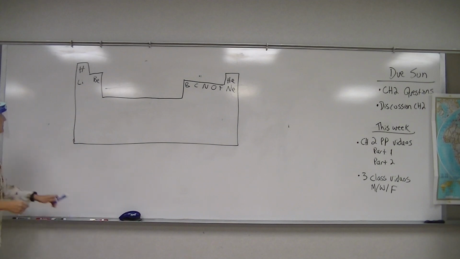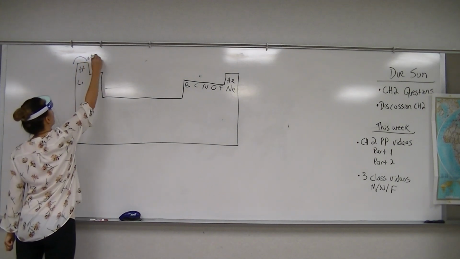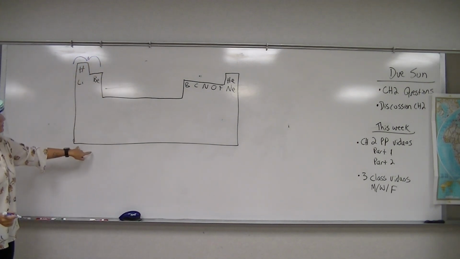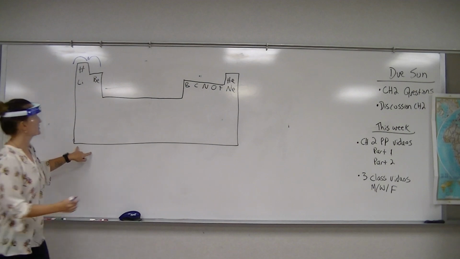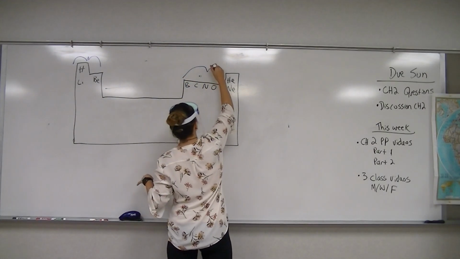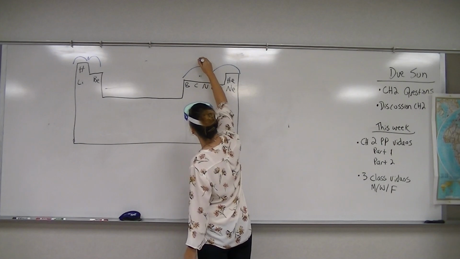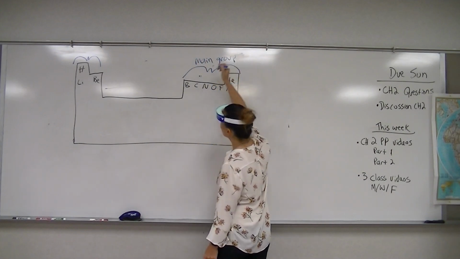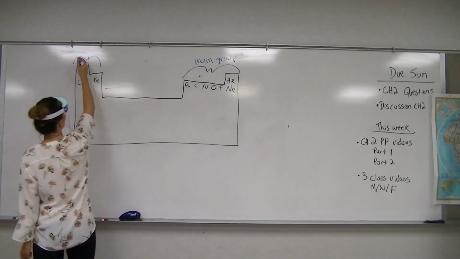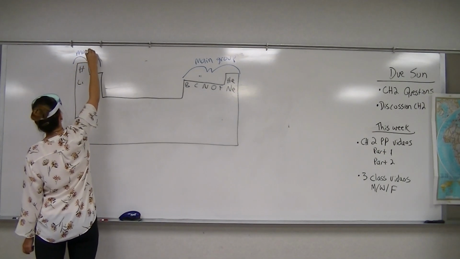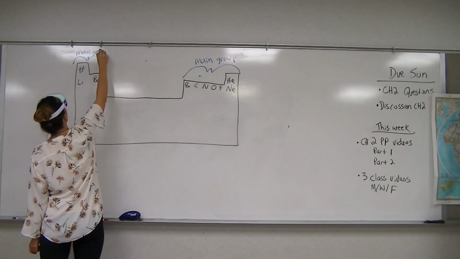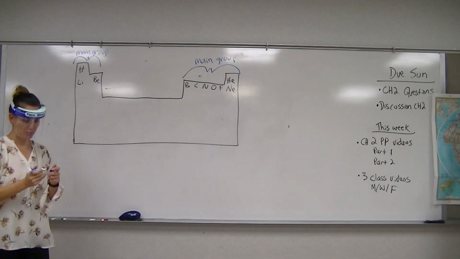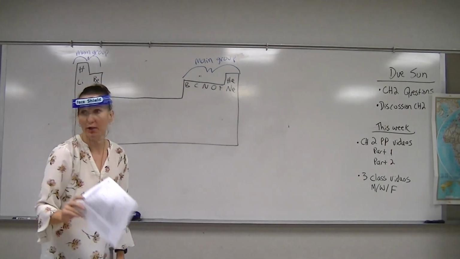Okay, so what do we need to know about the periodic table? Well, first off, these two columns, these two groups, and then these six, are called the representative or main group elements. If you're using that periodic table from Blackboard, it says representative elements and has already labeled it for you.